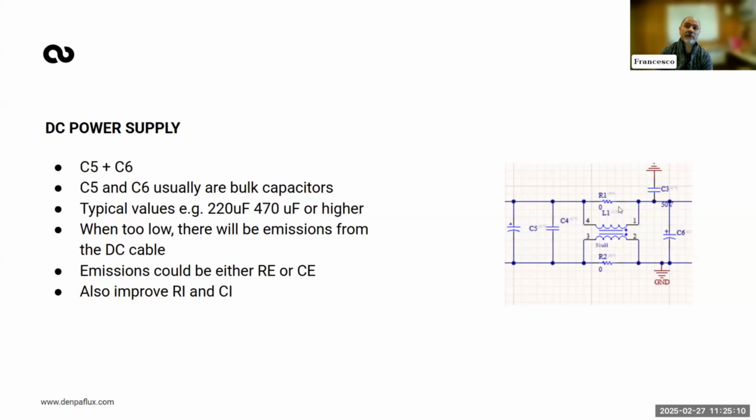However, if I got some problem, I remove R1, I remove R2, and I've got the common mode filter already in place. I select the common mode filter to always give me below 30 megahertz something like 20 to 30 dB attenuation, and I use tools like Red Expert to evaluate this. Usually with 20 to 30 dB attenuation, you're usually okay.